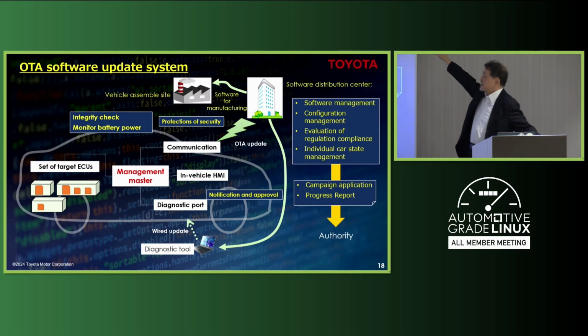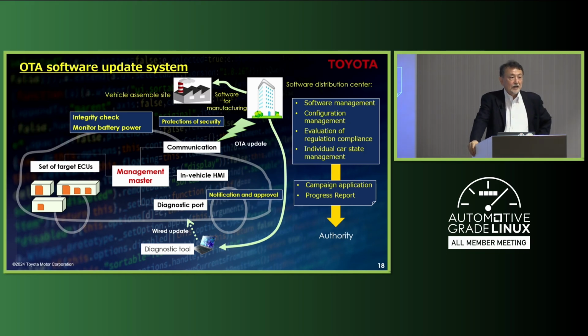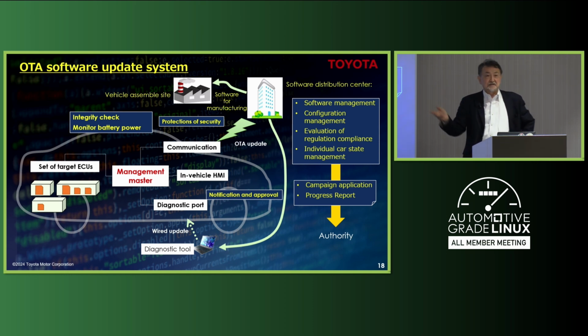And on the cloud side, we also have to keep the record of each software version for each vehicle, because regulations say that we have to present the set of software versions in a particular specified vehicle to the authority at any time. So we have to keep those management systems running all the time. That's very tough.